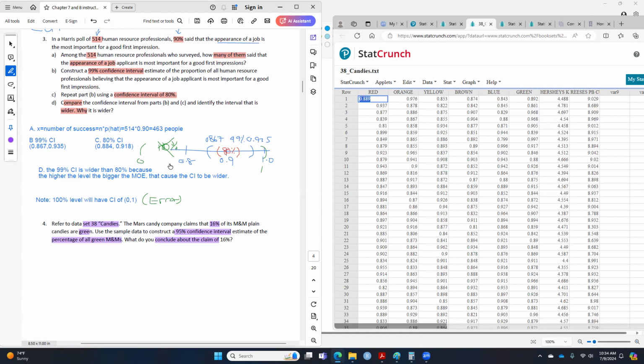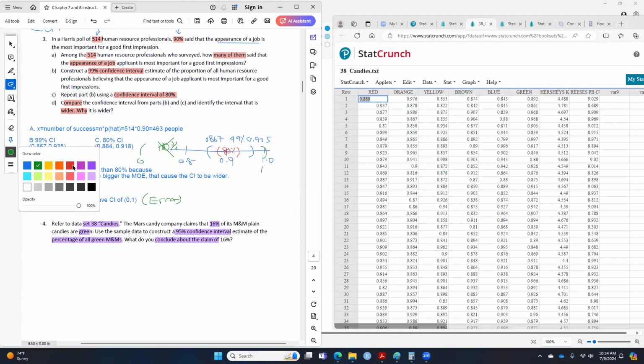Okay. So the question is, what is my X and what is my N? Because you need X and N to do this work. Again, X in this case is what we call the number of successes. Now, what is the success we're talking about? What color?